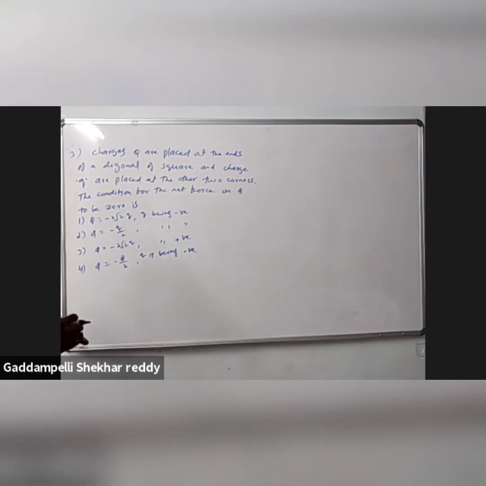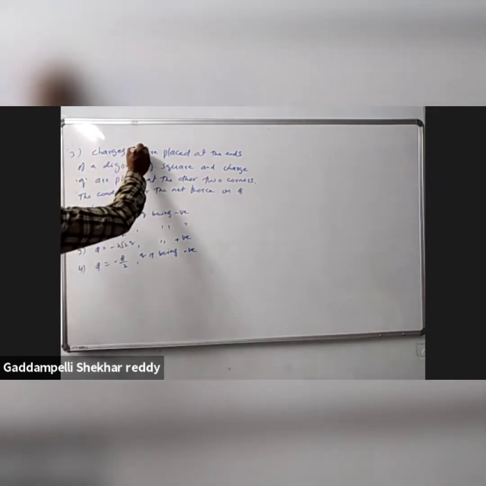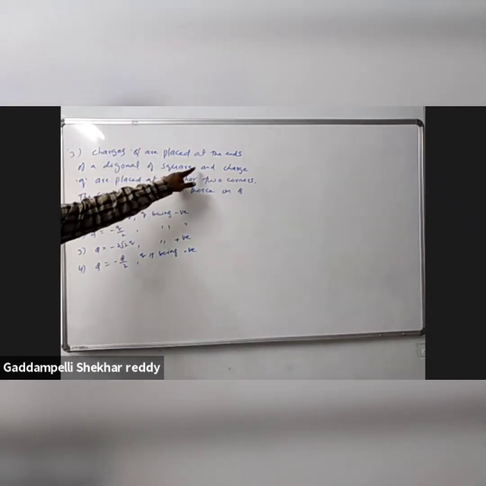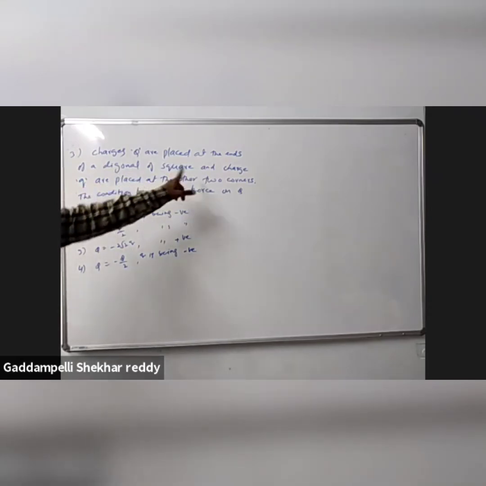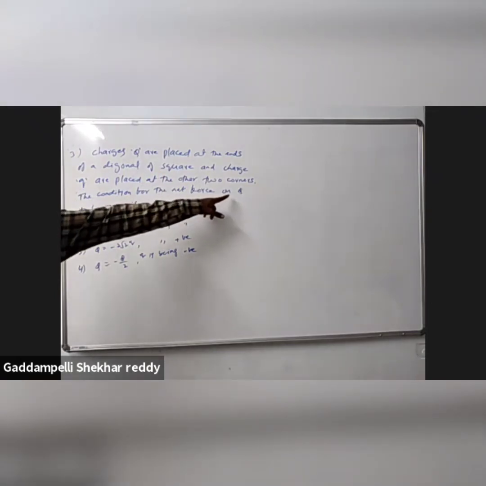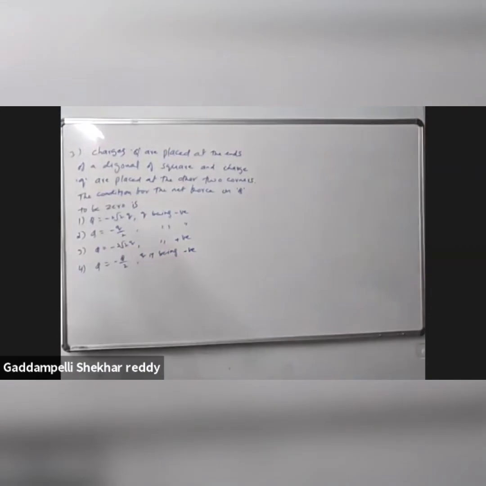Once again, charges capital Q are placed at the ends of a diagonal of a square, and the charges small q are placed at the other two corners. The condition for the net force on capital Q to be 0. These are the answers.